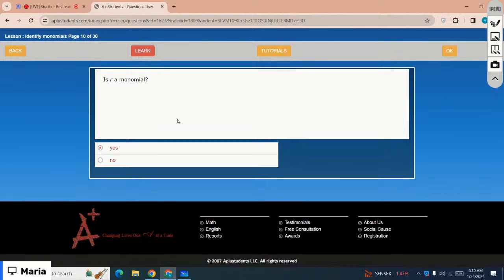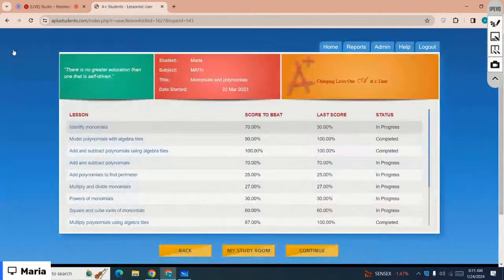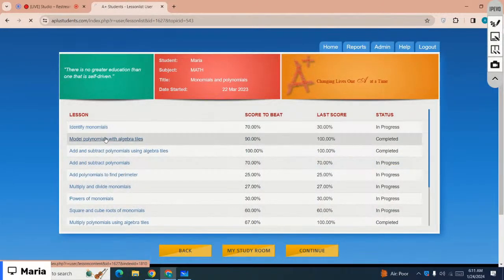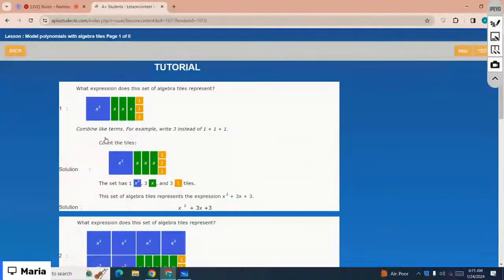Yes, it is a monomial, right? Okay, you can complete the lesson by yourself later today. Let's just move on to the next one. The next one is model polynomials with algebra tiles.